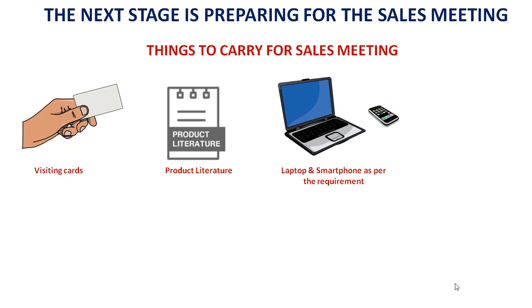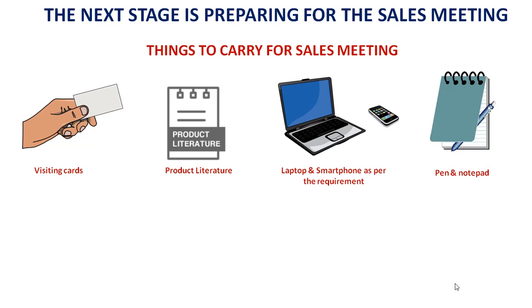And as per the presentation requirement, the sales executive should carry a laptop and smartphone. It will vary as per the product, but there should be some tools through which the sales executive can present the benefit of the products to the customers. And very obviously a pen and notepad, because at the time of high involvement selling, the customer will raise various questions and various objections.